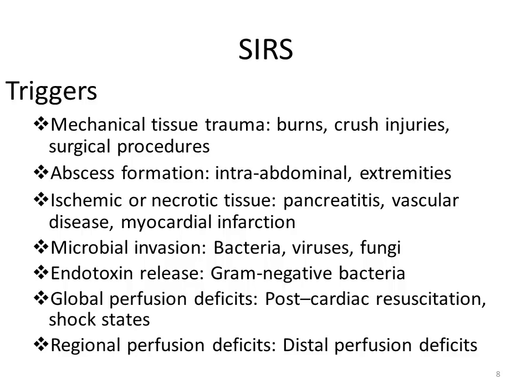So a word about SIRS. How do you get it? Well, the thing is that it can come from, we use the example of a crush injury. It can come post-burns. It can come post-surgical procedures. It can come from ischemia, pancreatitis, an MI, different types of infections.